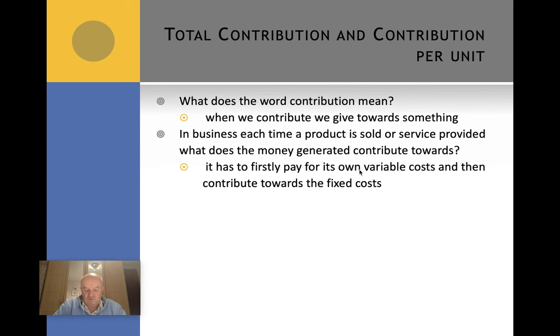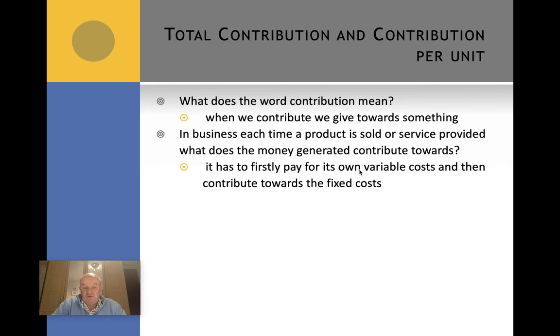First and foremost, the amount of revenue that you generate should firstly pay for any variable costs that you may have incurred for that particular unit of output, so raw materials, for instance.